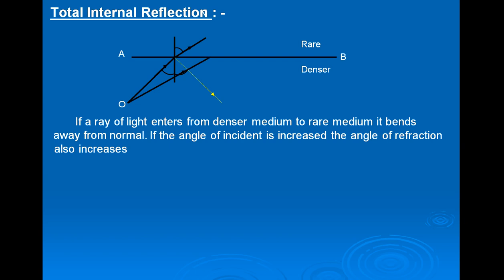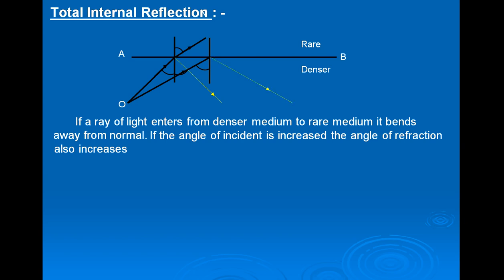From point O, take another ray of light incident on the surface, making an angle of incidence more than the previous angle of incidence, and this is the normal at the point of incidence.